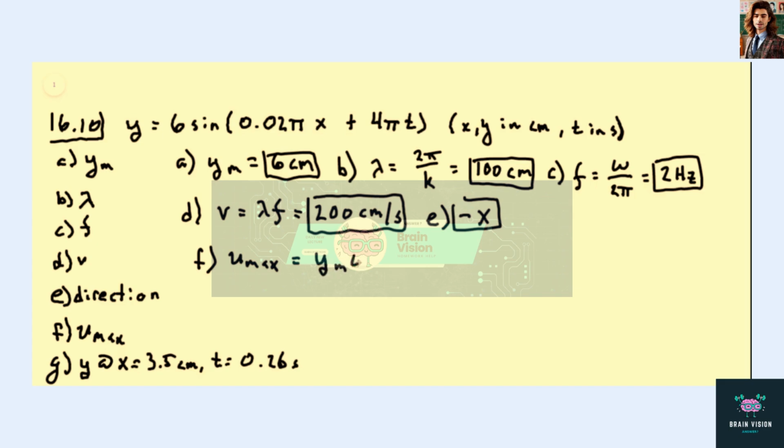So this is y sub m times omega, or 2 pi f times y sub m. And so the maximum transverse speed is 75 centimeters per second. Either way you want to do it, we already found f. Omega is given to us as being 4 pi radians per second.